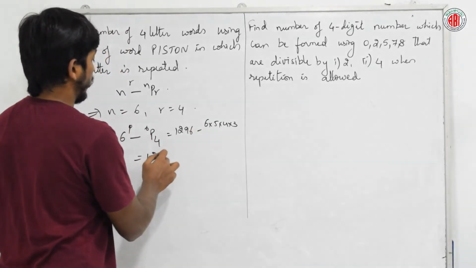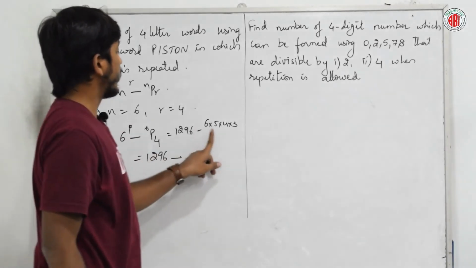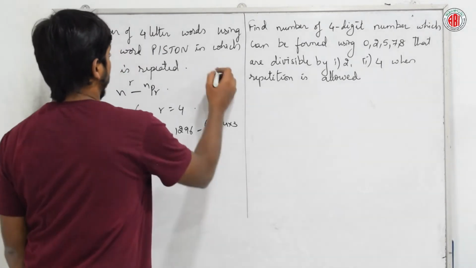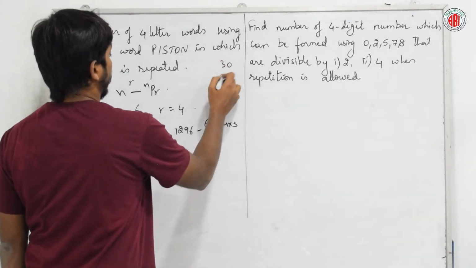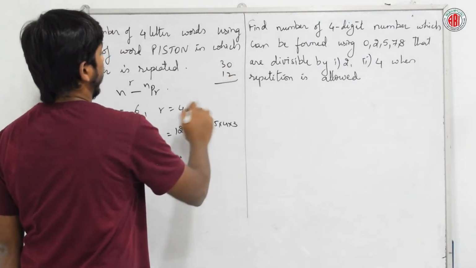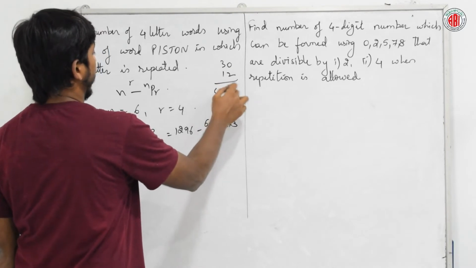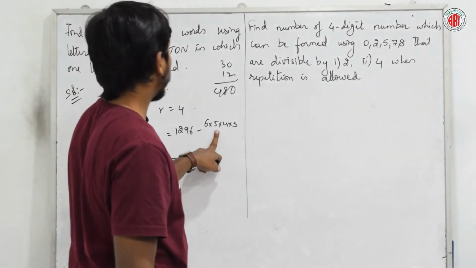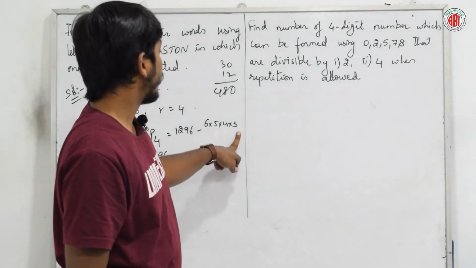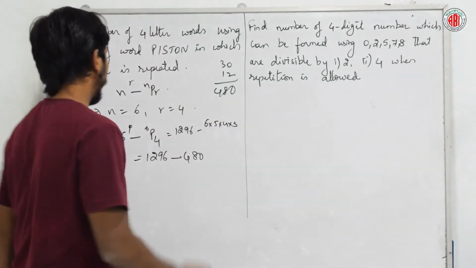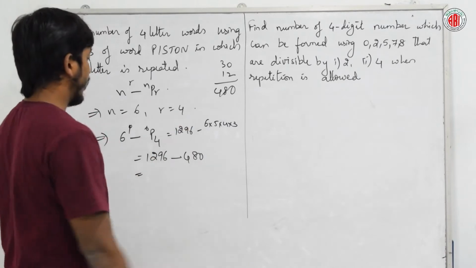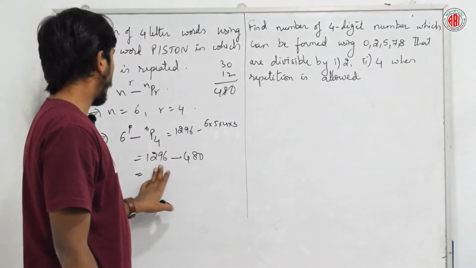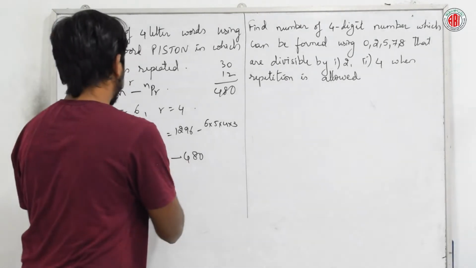That is 1296 minus 6 5s are 30, 4 3s are 12, 12 into 30, 480. Just subtract it. 1296 minus 480. How much is it? 816.